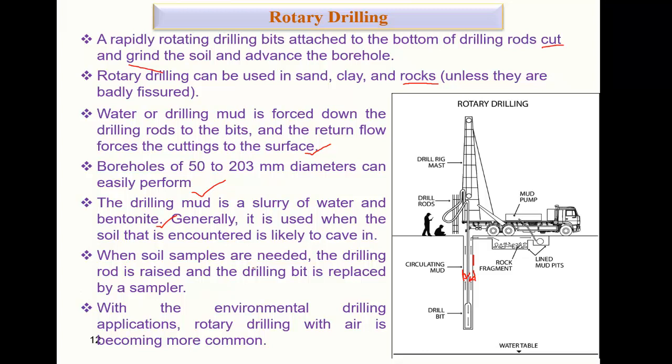When soil samples are needed, the drilling rod is raised and the drilling bit is replaced by a sampler. Suppose you want a sample from here. You drill up to that point, and now you want a soil sample for testing. So you remove the drill bit, use the sampler here, and take the sample. Is that clear?